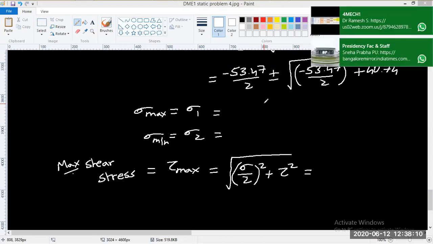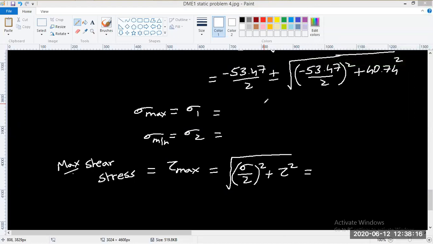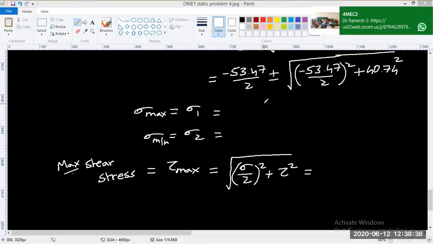Let's say 53.47 over 2 squared plus 40.74 squared under the root, minus 53.47 by 2, plus 8.73.